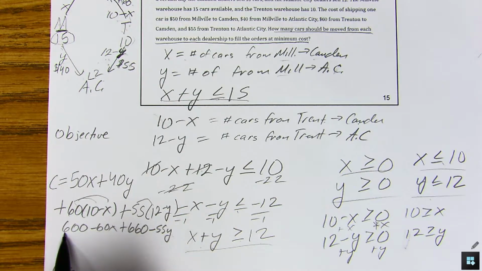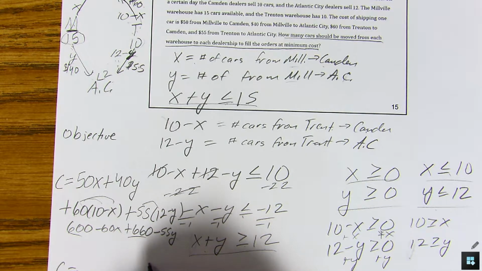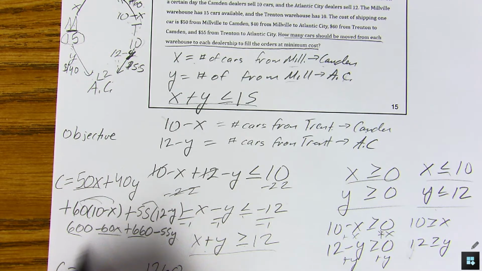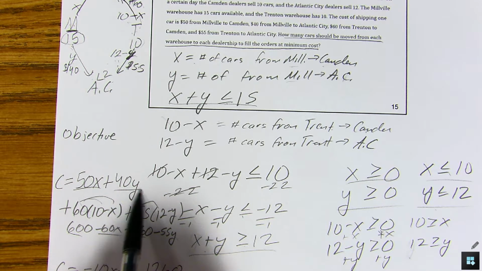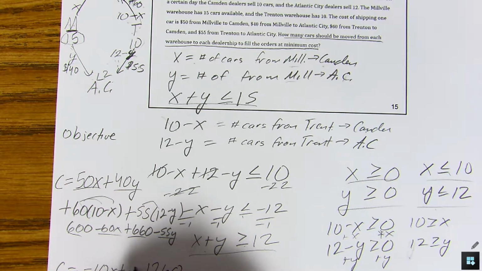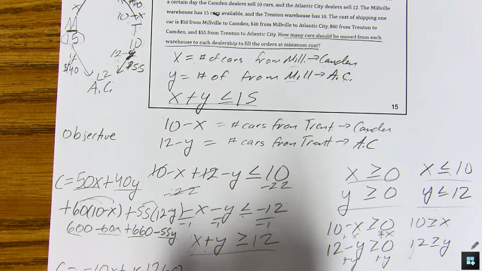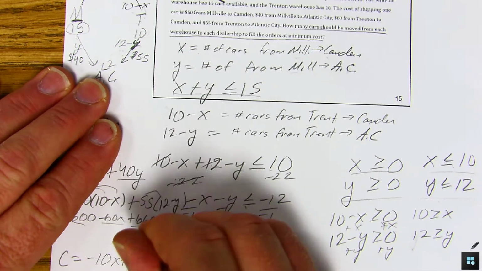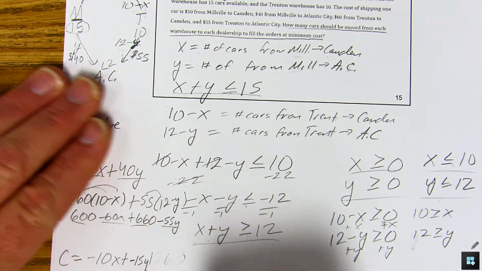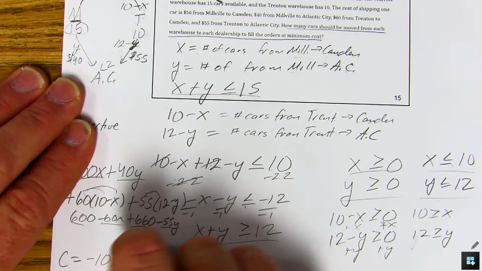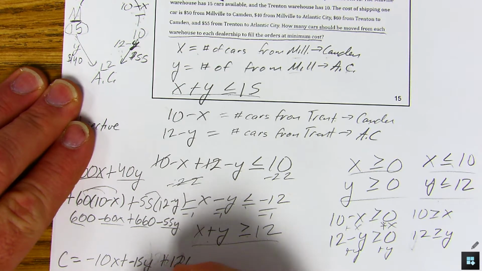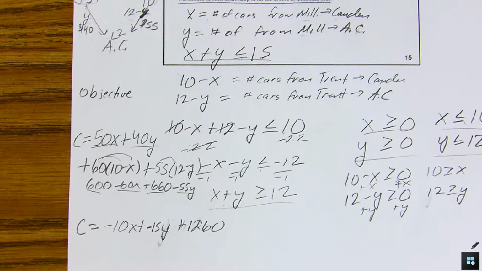Now, combining like terms, 600 plus 660 gives me 1260. 50x minus 60x gives me a negative 10x. And 40y minus 55y gives me a negative 15y. So there's my cost: negative 10x minus 15y plus 1260. And there is our cost equation.